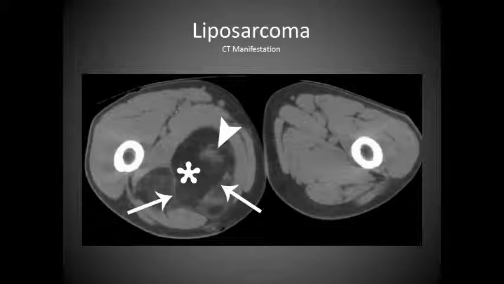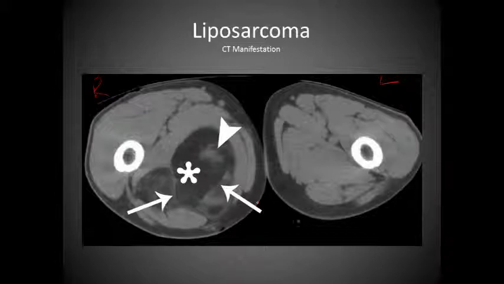Here is a liposarcoma of a patient's femur. And so we have a comparison view, so we have basically right and left.